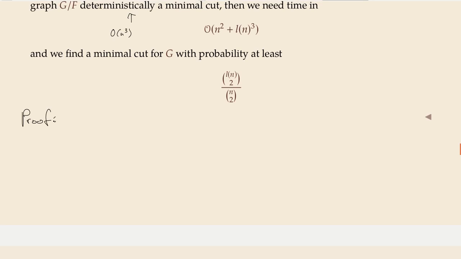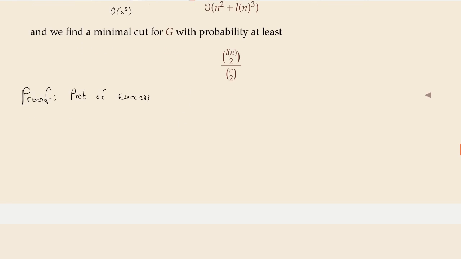So let's first consider the success probability. We already had before that we keep the min cut, the specific one that we have in mind, and in the worst case there's only one.